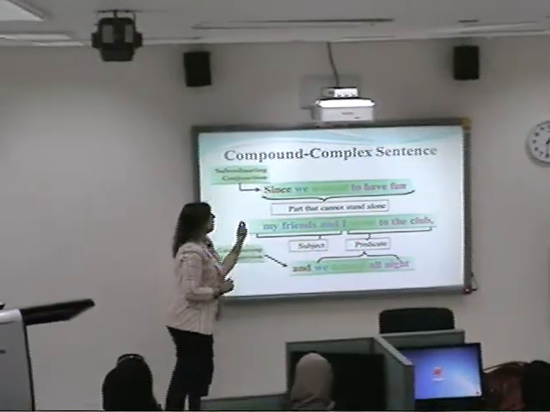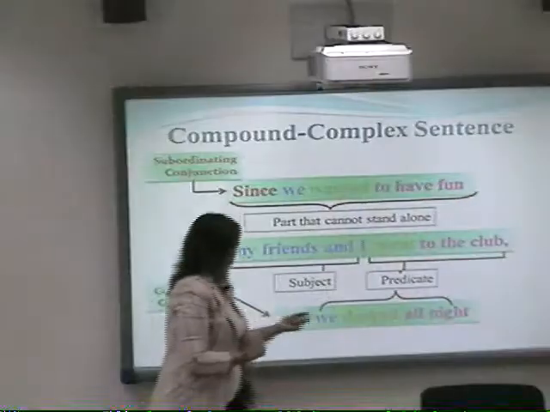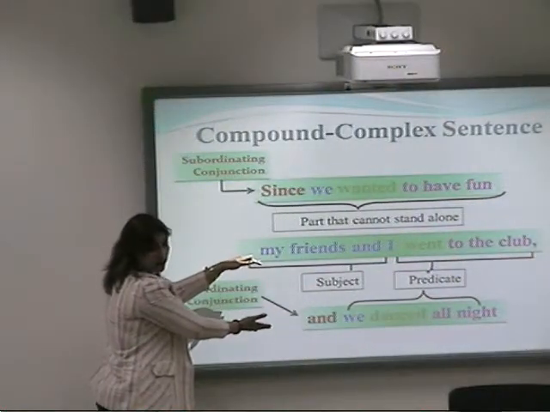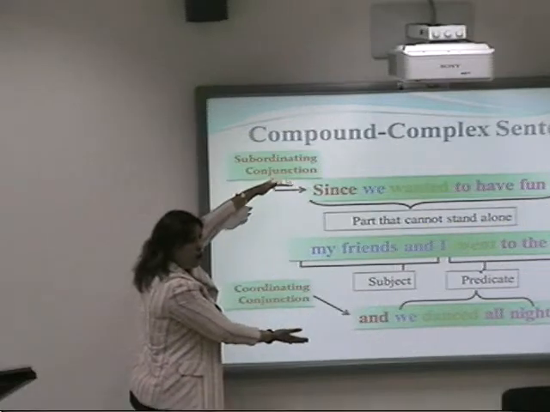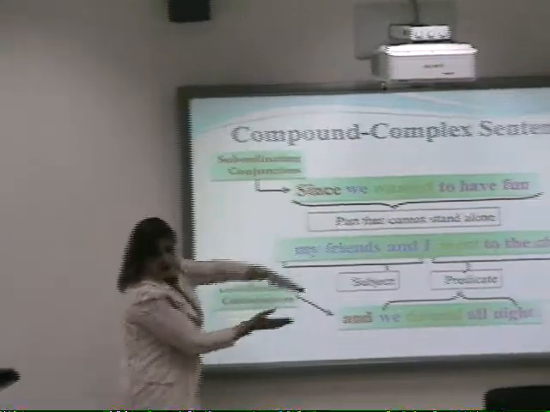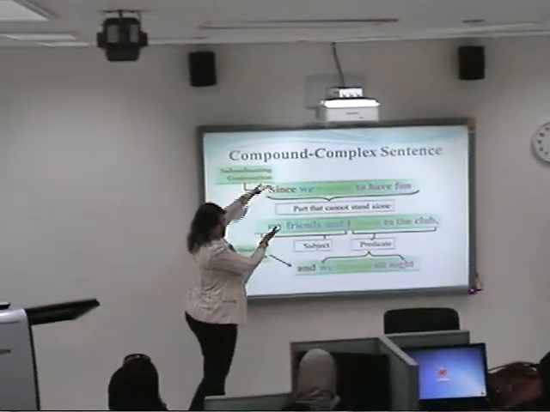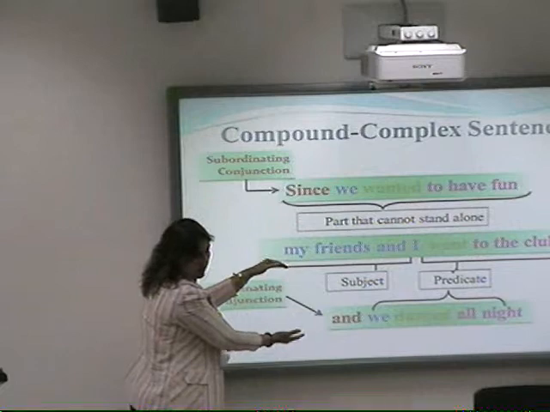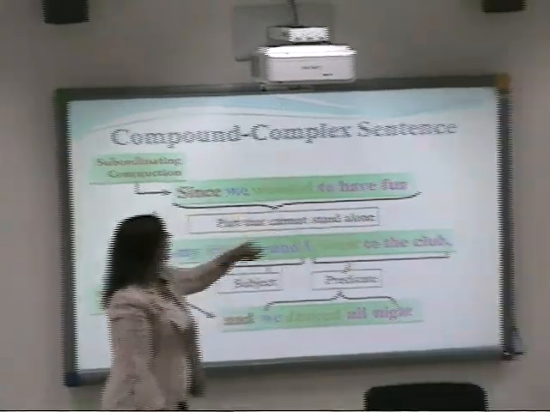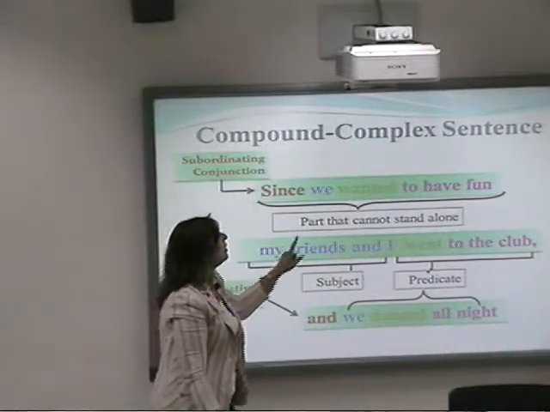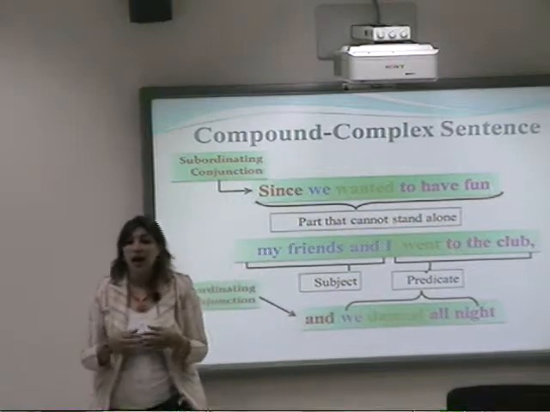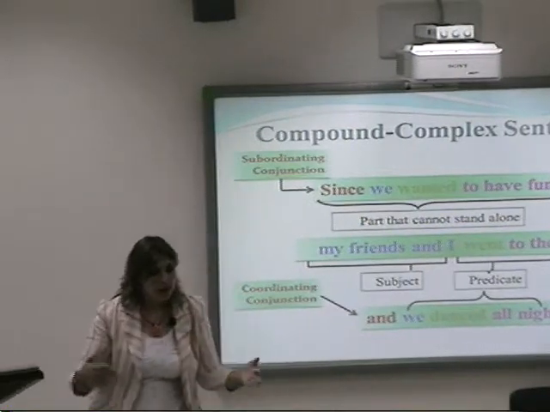And when we say, my friend and I went to the club and we danced all night, this is compound. If we join them all together, we have a compound-complex sentence. The first part is complex and the second two parts are compound. So it's going to be: since we wanted to have fun, my friends and I went to the club and we danced all night. This is how to compose compound-complex sentences.